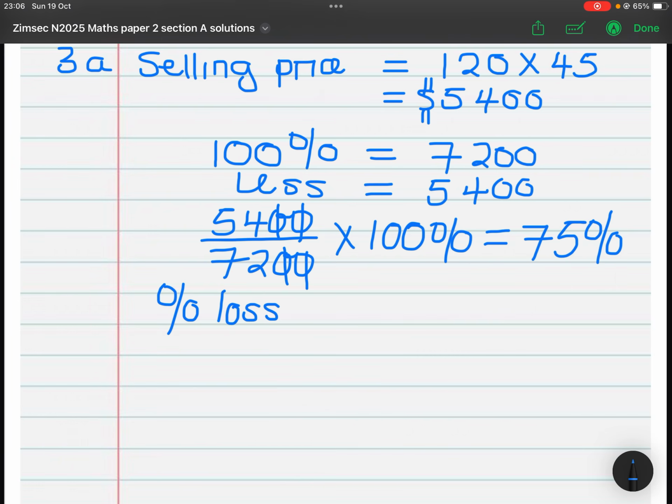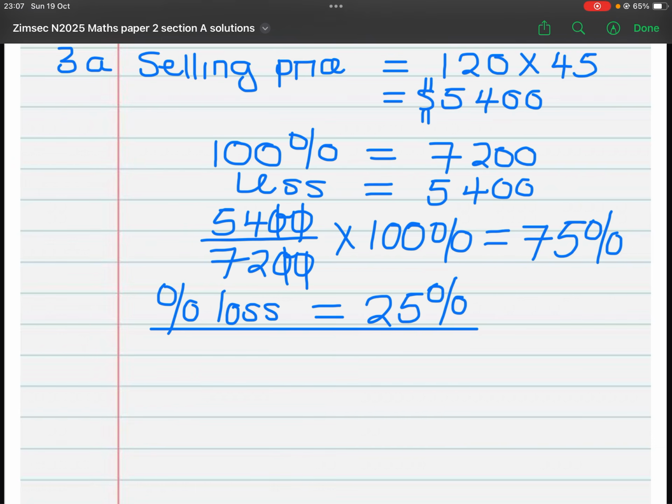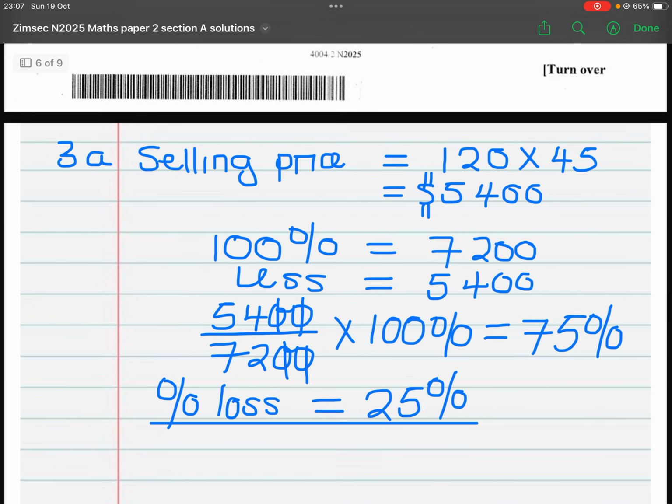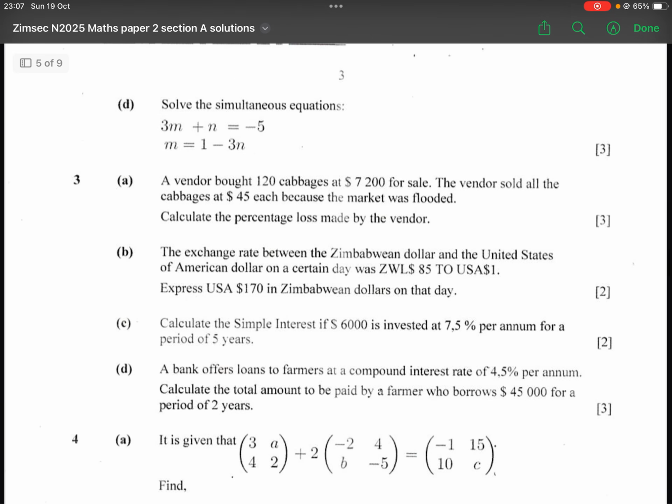Percentage loss, we are going to say it is the difference between 100% and 75%. So we say 100 minus 75, so that we get our percentage loss is 25%. So this was the percentage loss. By doing this, you get all the 3 marks, right? And then we need to proceed to part B of the question.